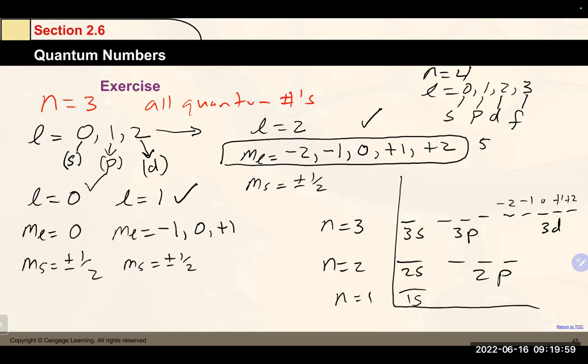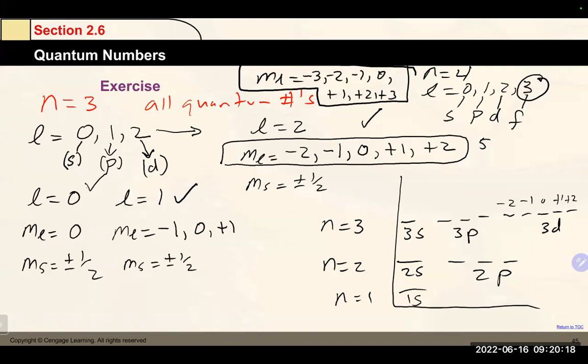And if we did m sub L for just 3, it would go from -3 to -2 to -1 to 0 to +1, +2, and +3. And if you count up all those numbers, that is the 7 f orbitals that we have in obviously different orientations in three-dimensional space.